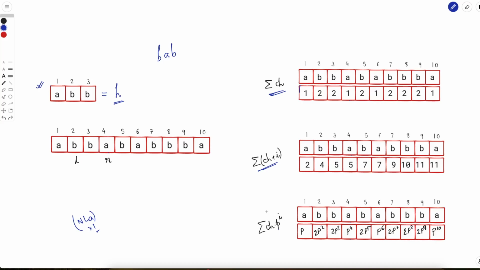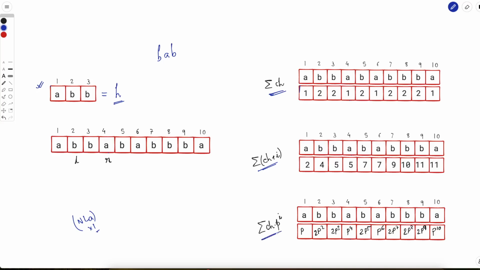So we can have this kind of hash function. Basically a is p, b is 2 p power 2, then this particular b is 2 p power 3, and so on and so forth. The hash of this entire string would simply be the summation of this entire thing, and you will get the hash.